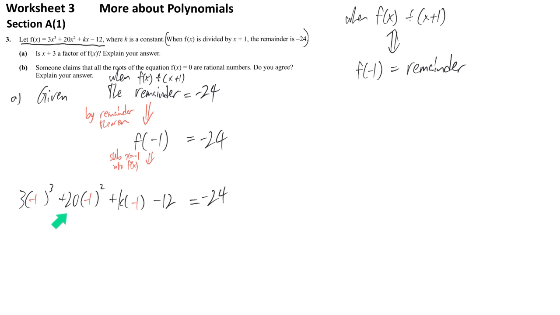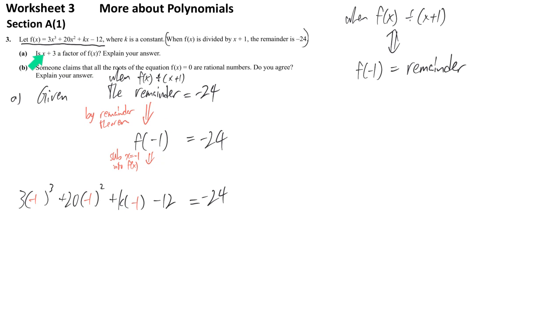And if we look at this, it is a fixed value, k, fixed value. So this is an equation with k as the only unknown. That means we can finally solve for the value of k.